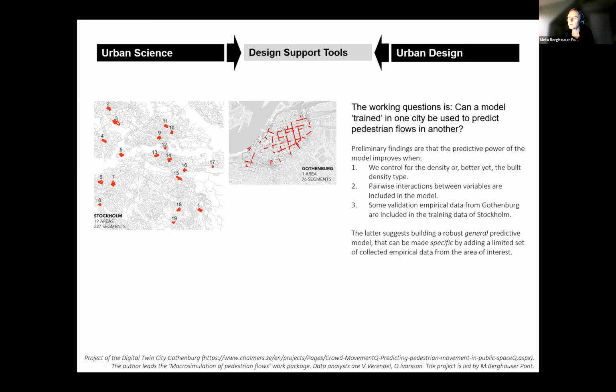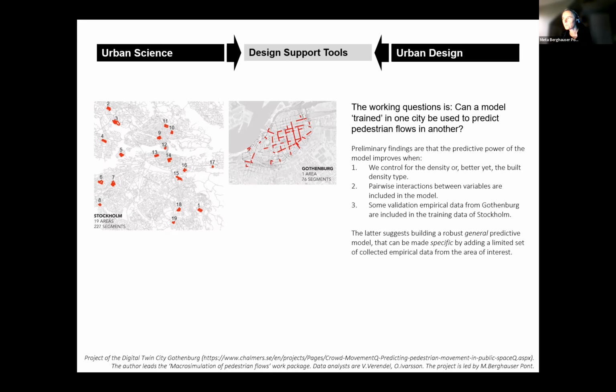And we built a statistical model there that is very good in explaining the pedestrian counts in Stockholm. Then we use that model and predict Gothenburg, another city in Sweden. And we have actually data there, so we can validate if what we predict also represents the real counts.